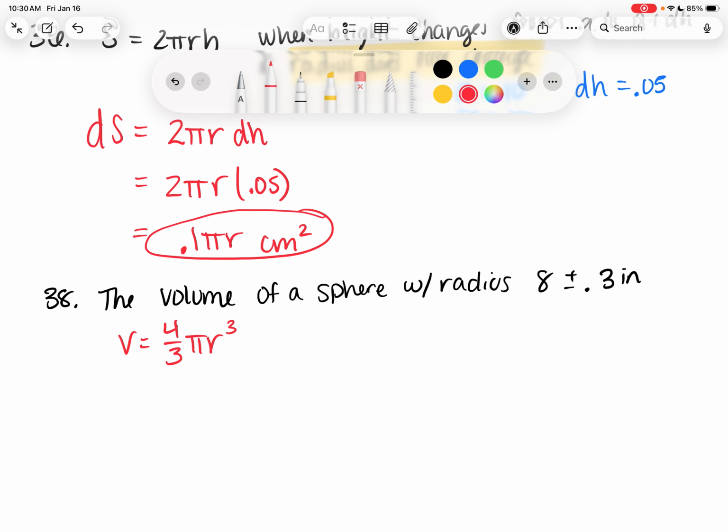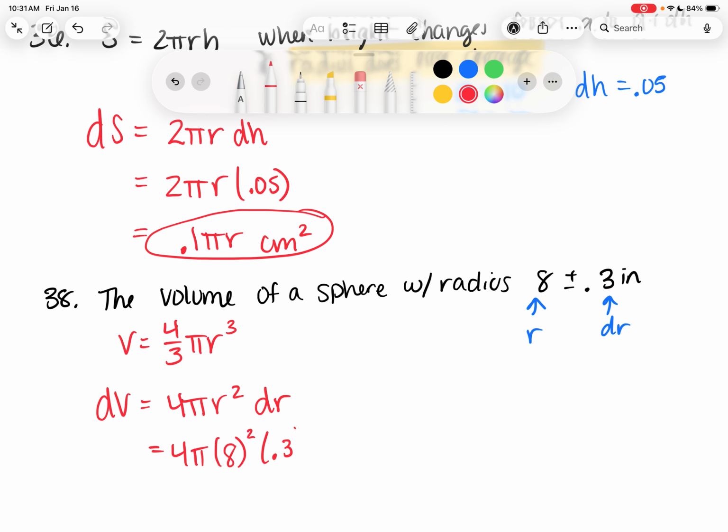So I need to take the derivative like I was doing in the previous problems. So we've got dV equals, well, when I take the derivative, 3 is going in front, so I've got 4 pi r squared, and then that dr there. So the 8 is my radius, the 0.3 is my dr. So I have 4 pi times 8 squared times 0.3.